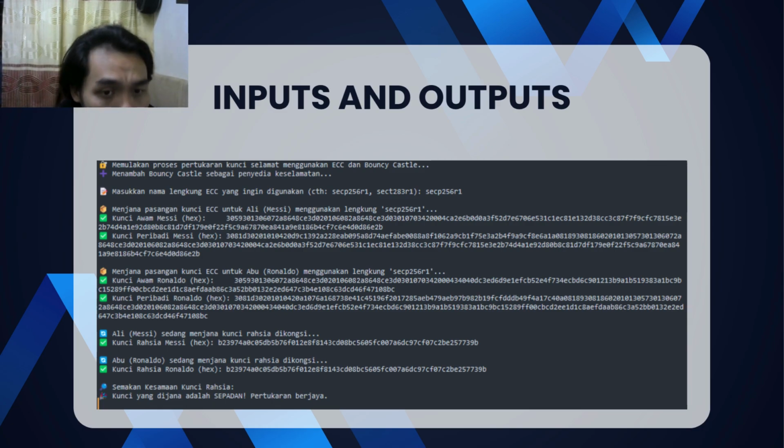And next, for this encryption to work, we have to make sure that both can generate an ECC key pair. For Abu, which in this example we call Ronaldo, we use the curve SECP256R1. The key here is they have to use the same curve, because if they use a different type, then it won't work.